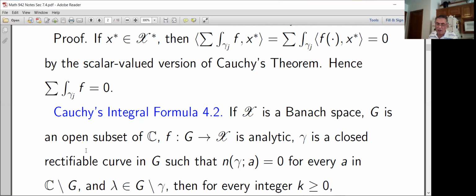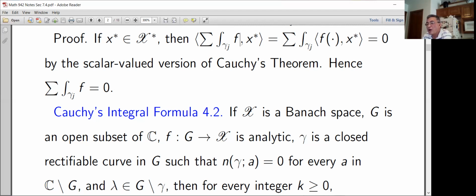It's relatively weak compared to C infinity, C2 or C1. It's weaker than C1, weaker than piecewise C1, but it's stronger than continuous. A continuous curve may fail to be rectifiable.